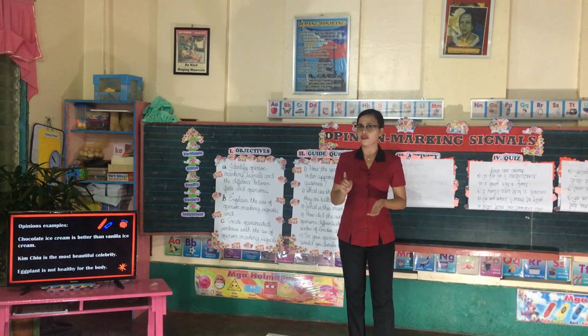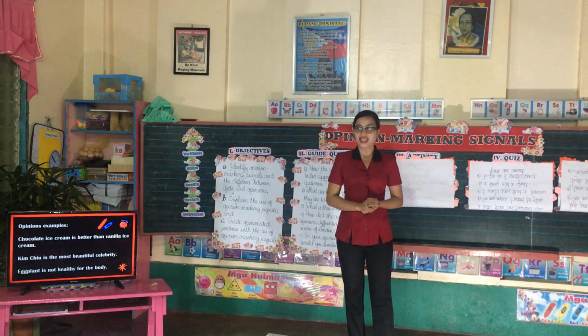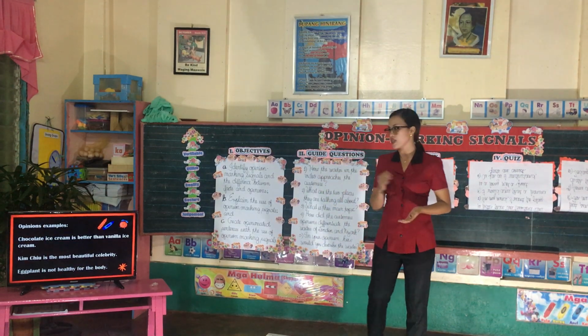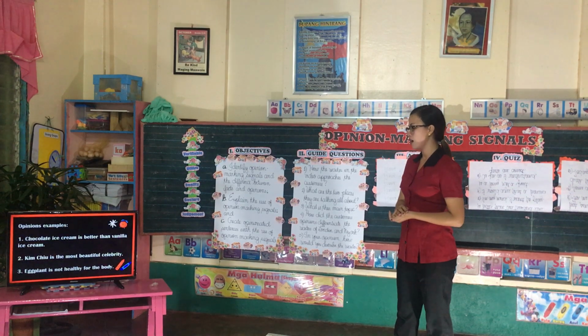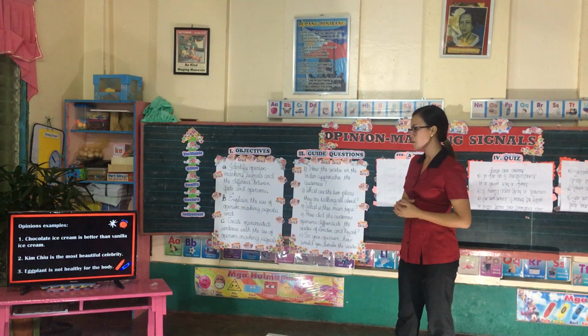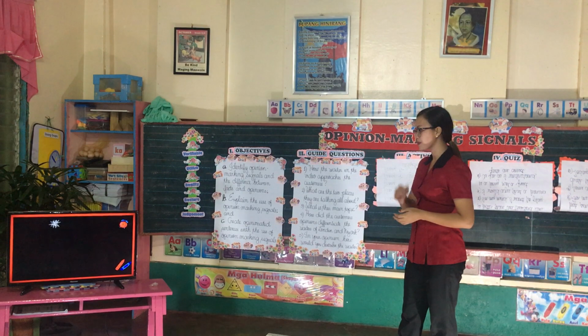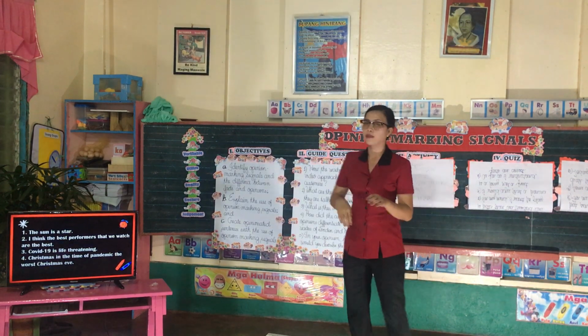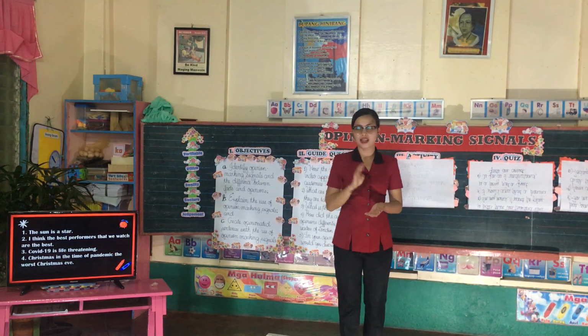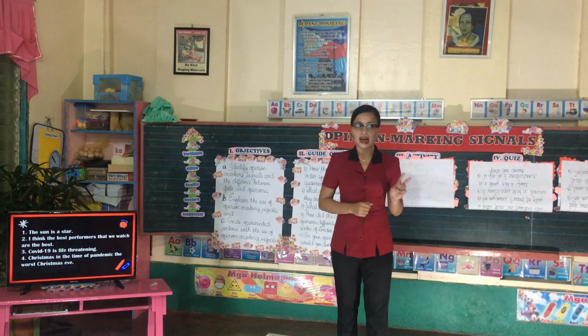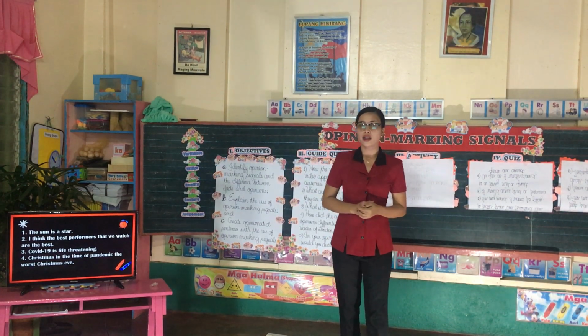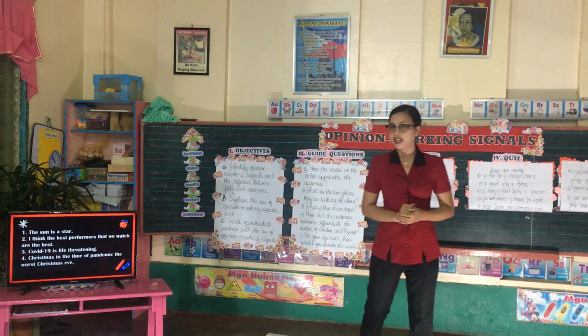Now let's identify facts and opinions with the following sentences. I have prepared 4 sentences, and we have to identify which sentences are the facts and which are the opinions. Okay, am I clear?